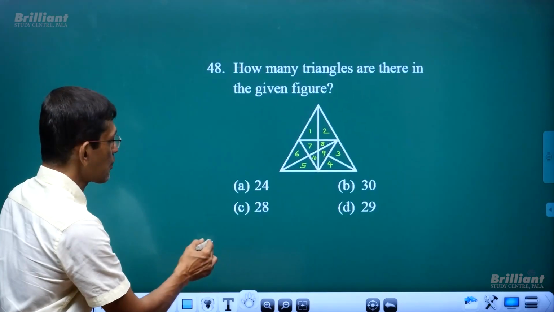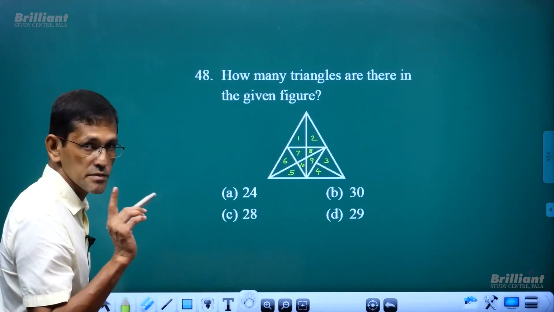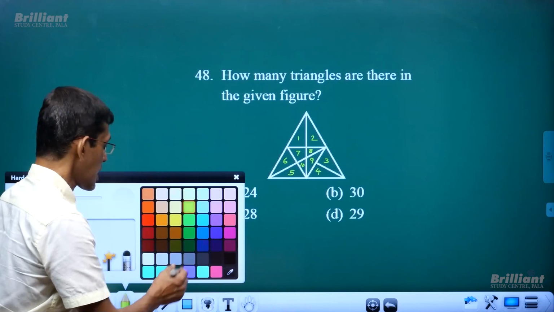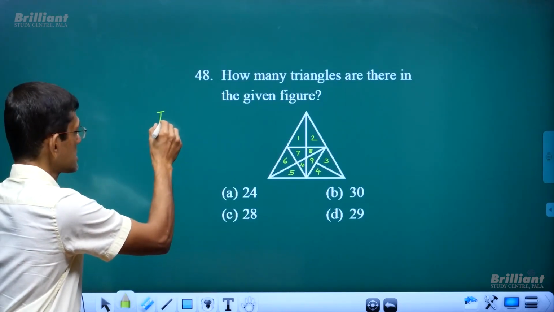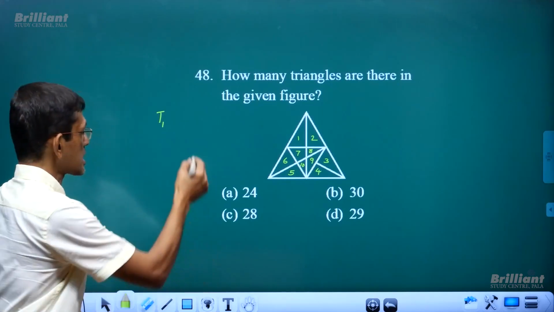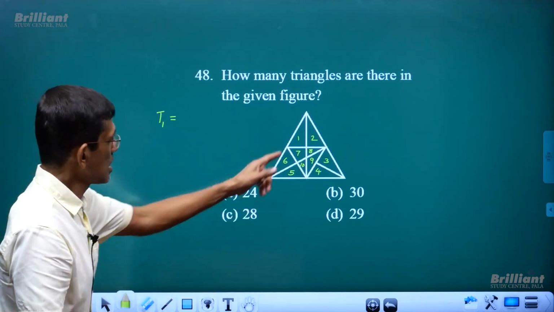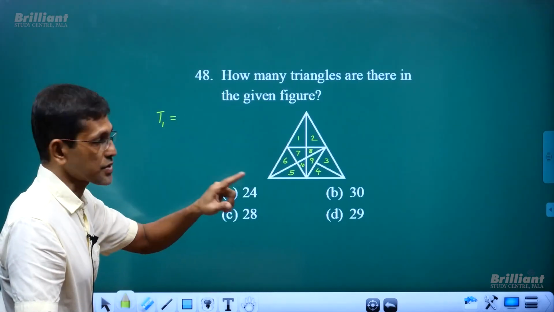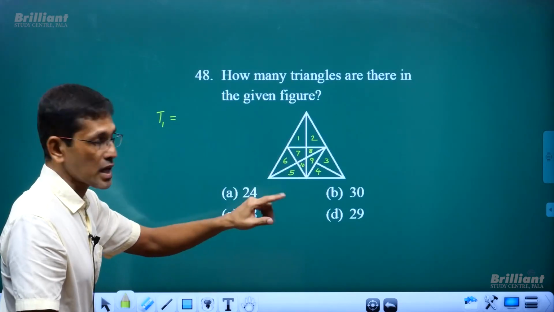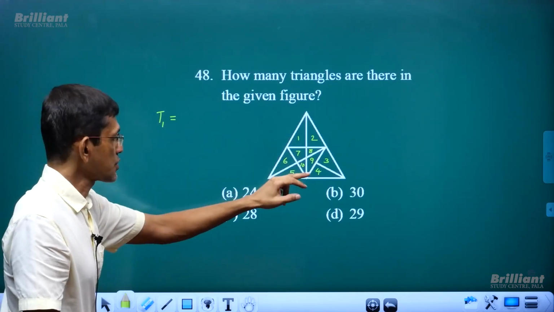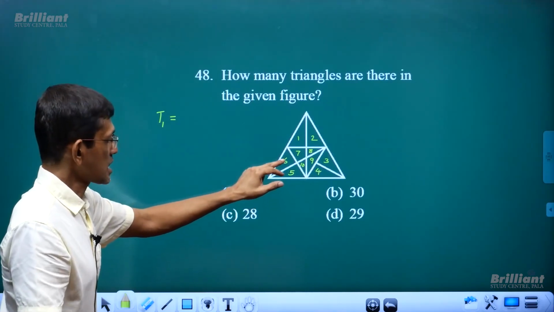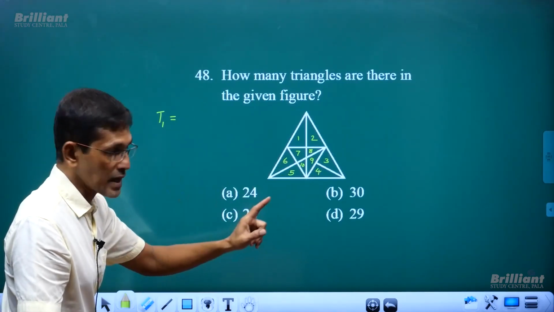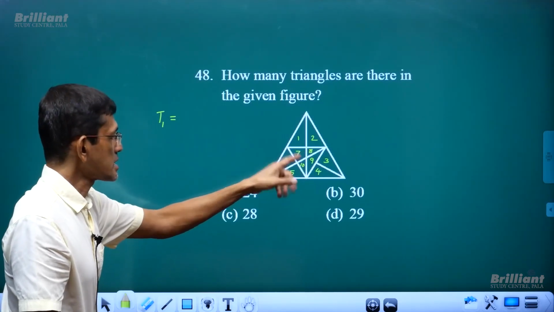Let me take 1 piece at a time. So some of the pieces are triangles, so I take 1 triangle at a time. 1 is a triangle, 2 is a triangle, then 3, 4, 5, 6, 7 is not a triangle, 8, 9, 10.